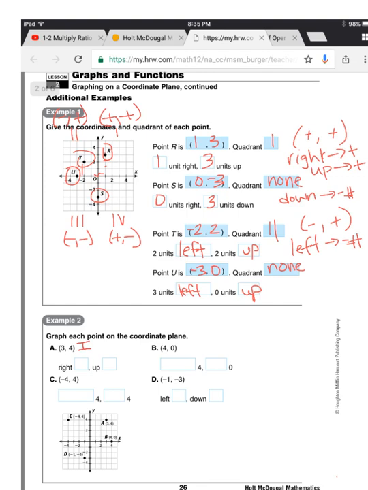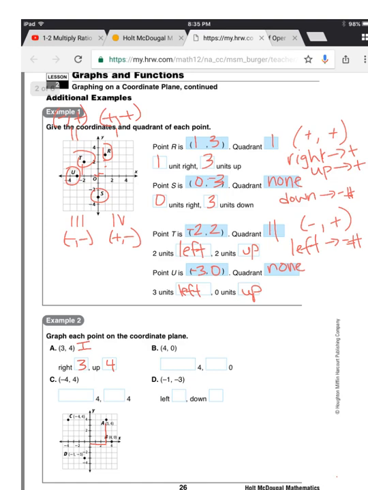In order to get to 3, 4, because 3 is positive, we know we go right, because the word right means positive. And it's up 4, positive 4, because we know 4 up is positive. If you go down and look, they went over 3, up 4.